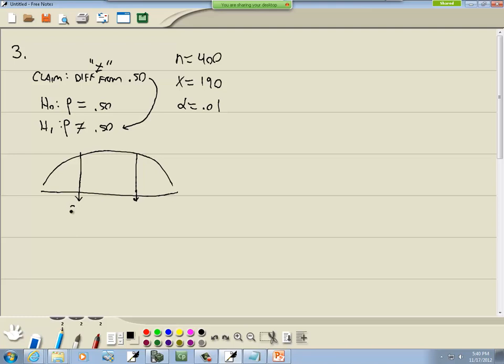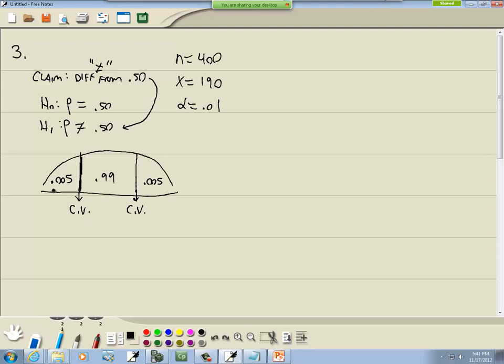Okay, so we're going to have this critical value, and we'll have this critical value. Now, it says split alpha into the tails. We got 1%. I divide that by 2, and I get 0.005. So I put 0.005 here, 0.005 here. And if I got 1% in the tails, that means I put 99% in the main body. Okay, let's find this critical value first.